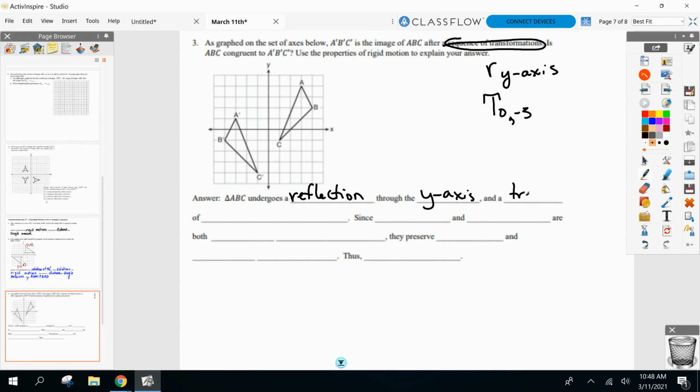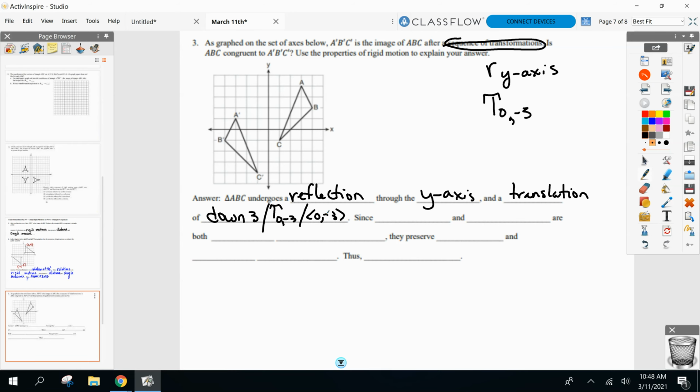And a translation of, and now here's what we were just discussing in class together. You can just write of down 3. You can write the translation symbol capital T, 0, -3. You can do it in vector notation, 0, negative 3, anything that works.